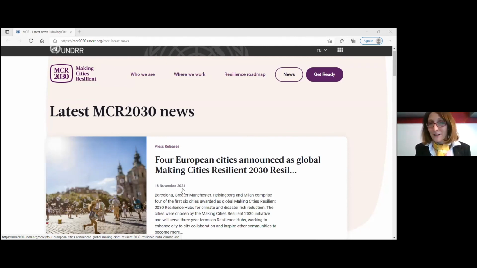And as we are speaking about Greater Manchester and Milano, we couldn't have been more timely with this event today, and hopefully we can expand more on the Greater Manchester case study as a front runner on the resilient solutions.